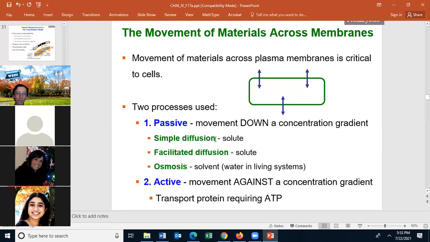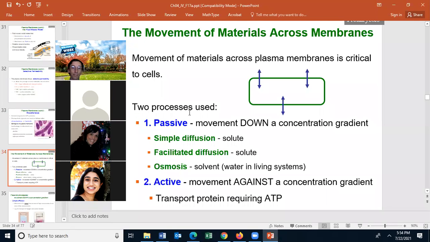That can happen by simple diffusion, where a solute will move into the cell. The best example of that would be oxygen dissolved in the water moving into the cell by simple diffusion, a passive process. Passive processes cost the cell no energy. Molecules can also move into the cell by facilitated diffusion.